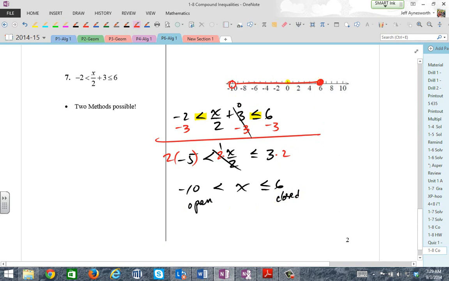It's all points between -10 and 6, including 6. And I say including, and that's why it's closed here at 6, but not including -10 because it has to be strictly less than. So x can be any one of these points in this region. There are other ways to do it, but that's the easiest one.